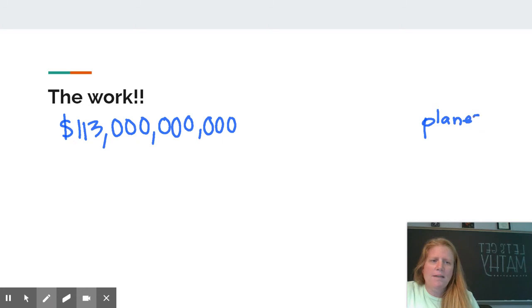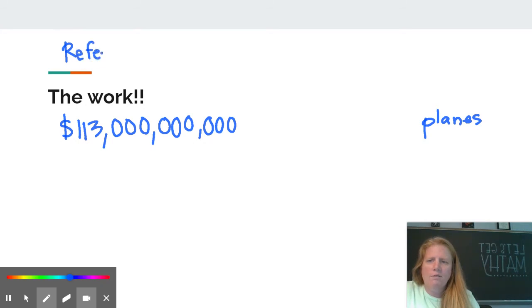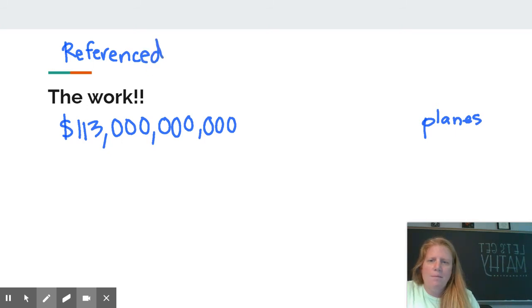So what it comes down to sometimes is knowing whether you're going to have to use referenced or prior knowledge. Referenced, which means you might have to go to Google to look up what the conversion factor is. Sometimes it's going to be just some basic prior knowledge, like how many minutes in an hour.